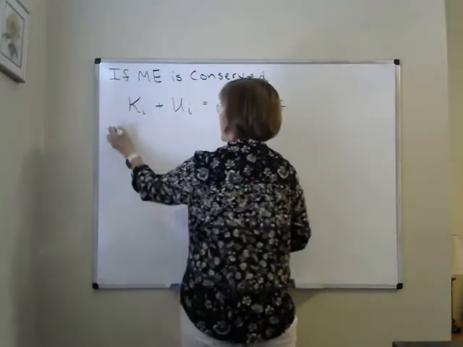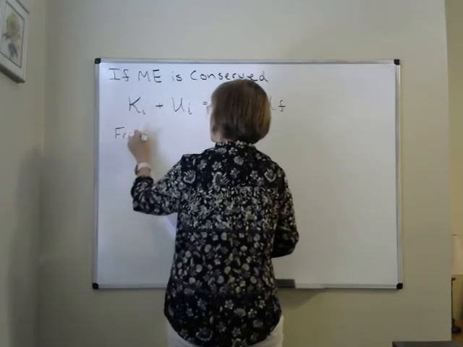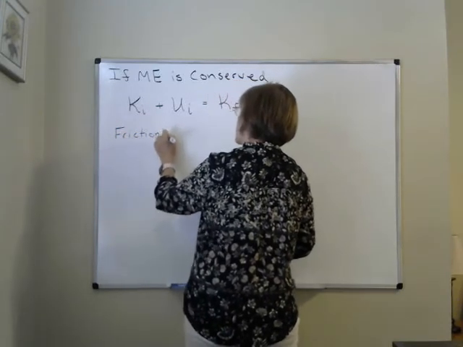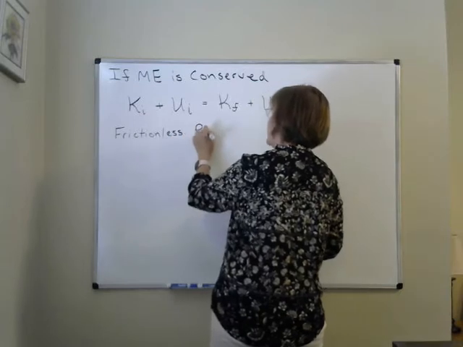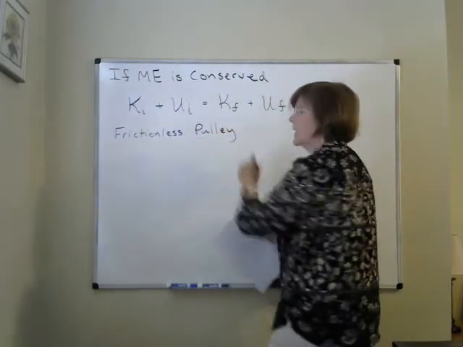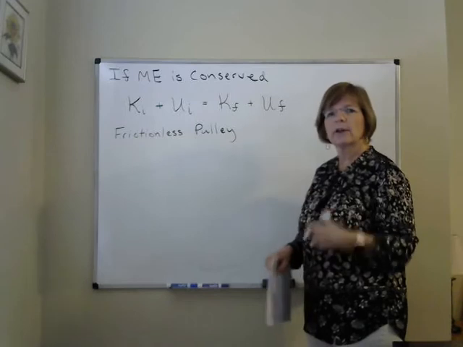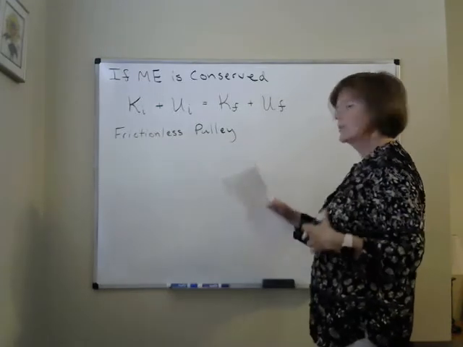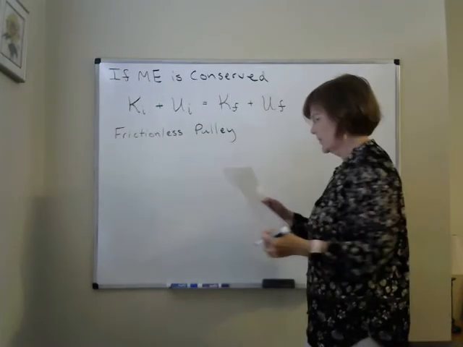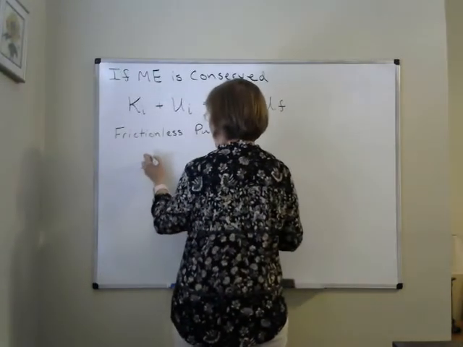Suppose we have a frictionless pulley. If it's frictionless, then I know I don't have to worry about those non-conservative forces. So essentially the only force that we're going to have in this problem is gravity. I have a pulley.